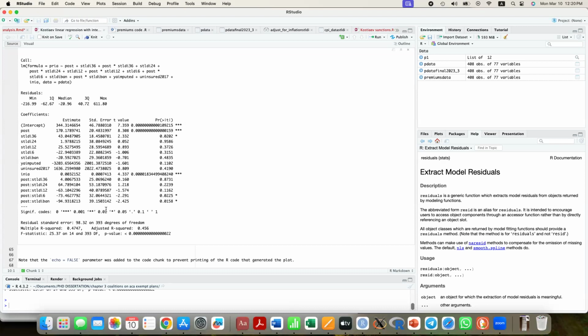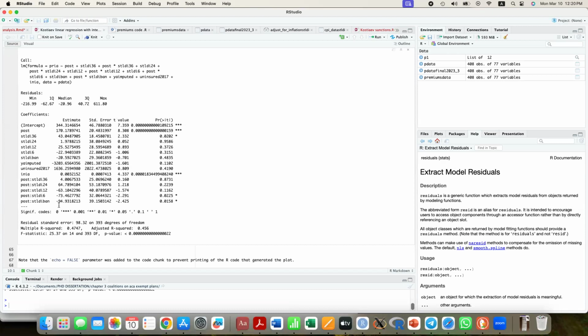Which number? We are interpreting post and STLDI ban, this coefficient. So it is statistically significant at what level? Yep, 95.